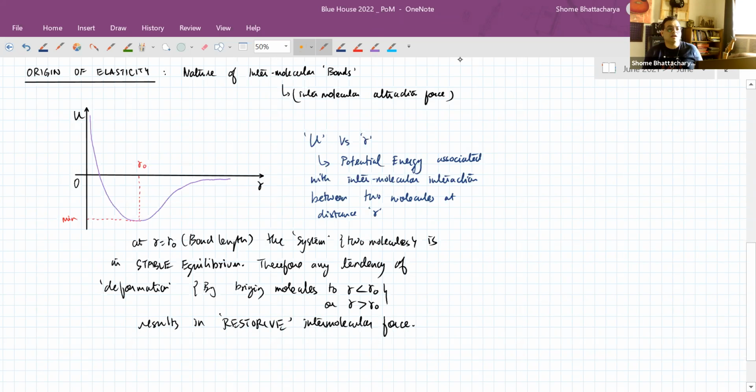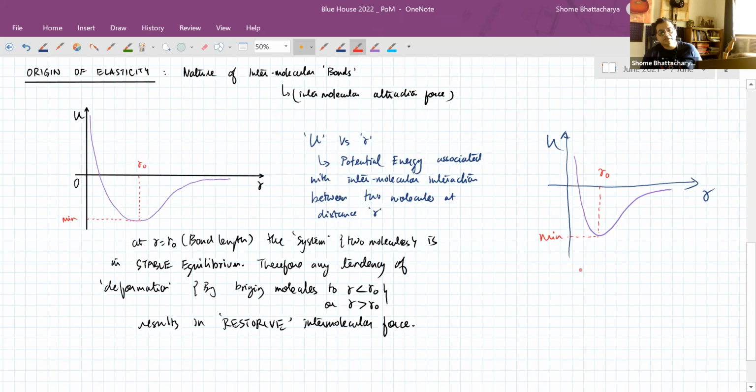So if we look at the potential energy versus distance graph, what it shows us is that at r equal to r naught there is a certain minimum value of potential energy. Minimum of potential energy means there is maximum stability.